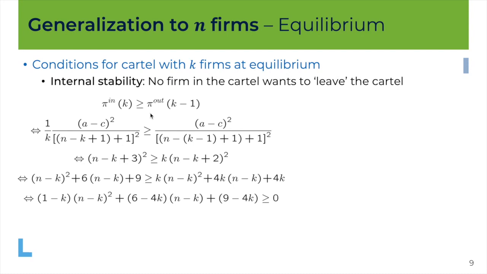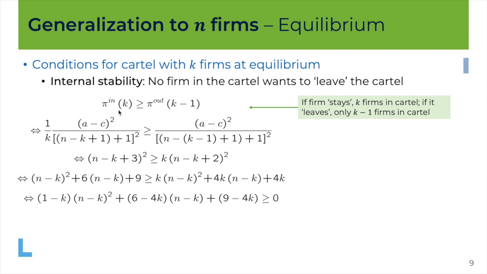Okay, now the rest is developing this expression. Let me just repeat that the number of firms in the cartel is K if the firm I'm considering remains in the cartel, so that's the choice of saying yes. But the size of the cartel is K minus 1 if this firm deviates by saying I don't want to be in the cartel, by saying no in the first stage.